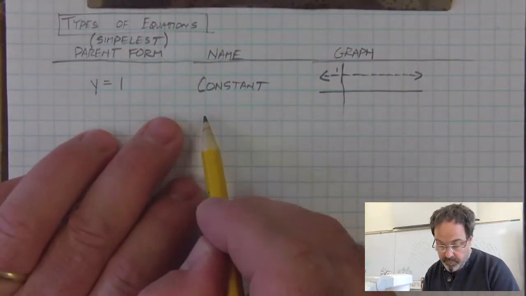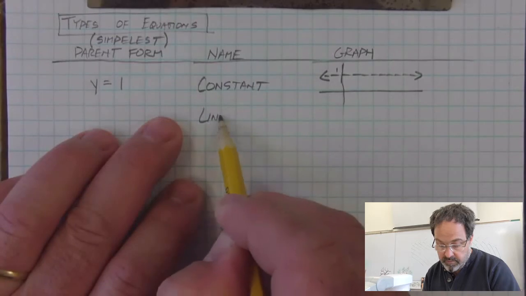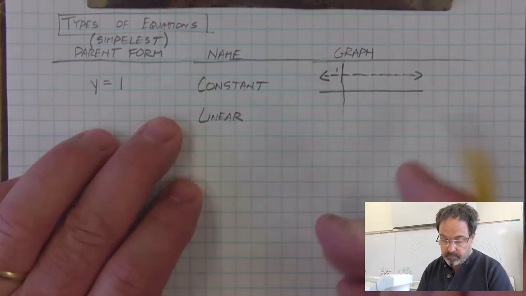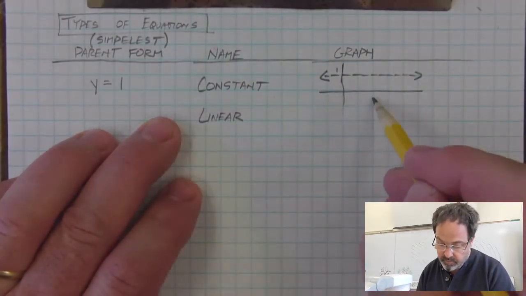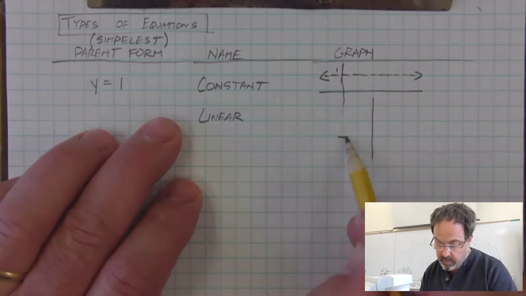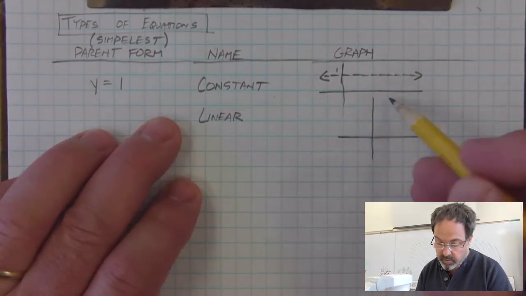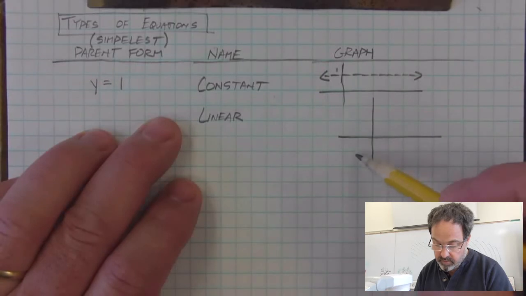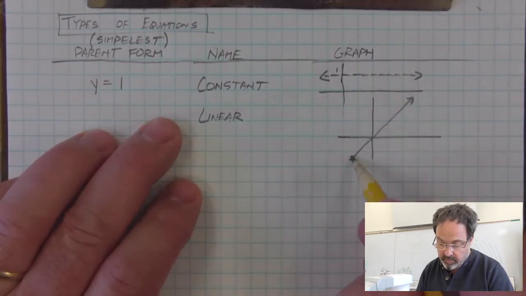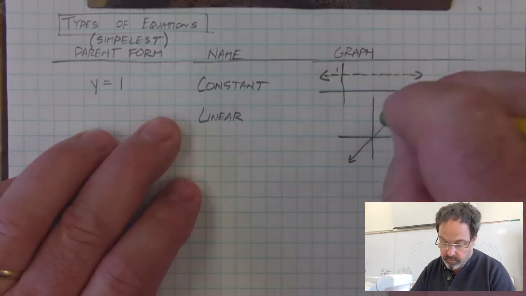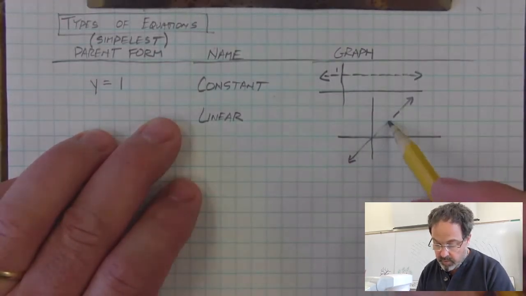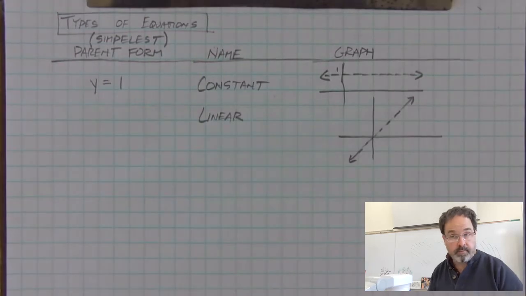Another name for a family of equations is linear. Linear equations graph as lines, but not horizontal like this line. We're going to graph a line that has a slope. It goes up at an angle.